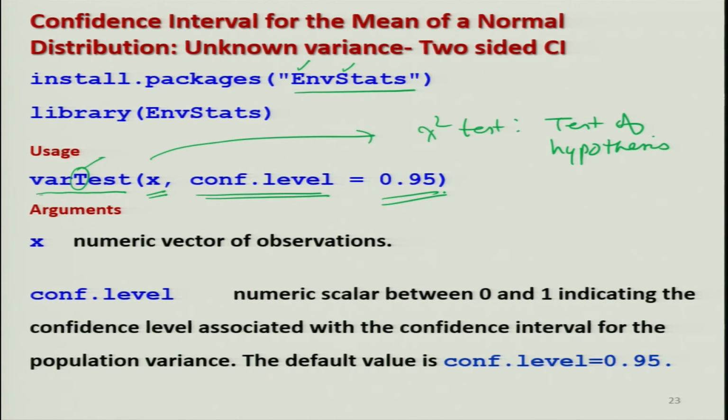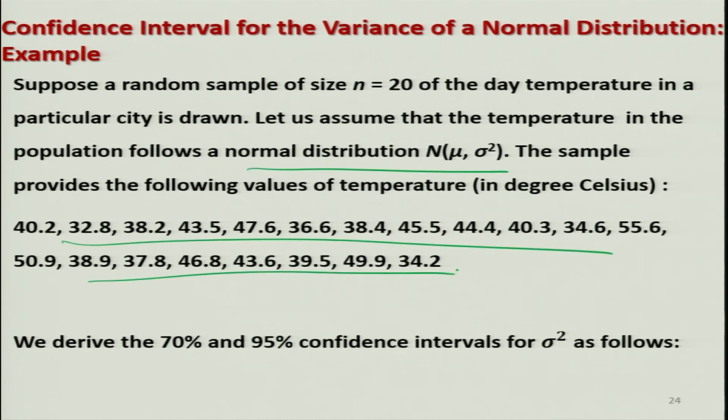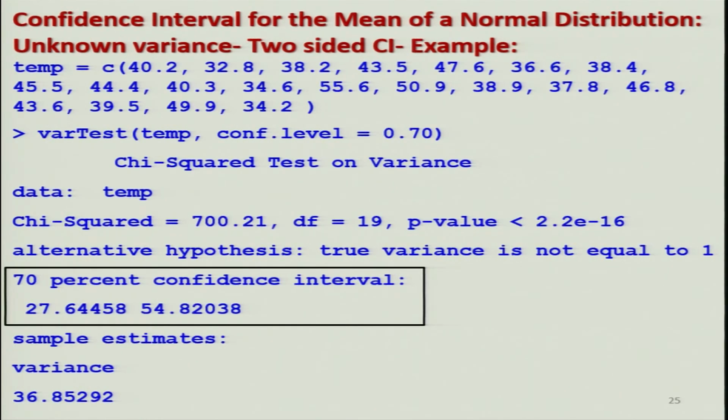Now, I take the same example that I just considered, that we have 20 observations on the day temperature of our city in degrees Celsius, and we are assuming the population to be normal mu, sigma square, and this is the data here. We want to construct a confidence interval for sigma square, and just for the sake of illustration I am taking the confidence level to be 70% and 95%. You can see using the software it is very easy, right.